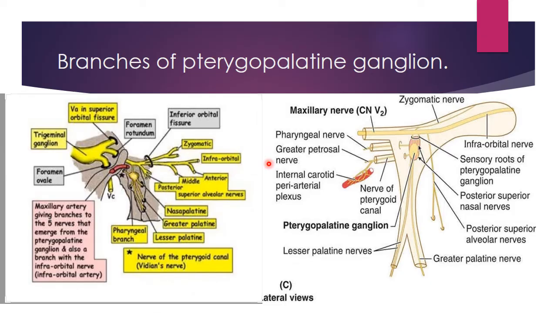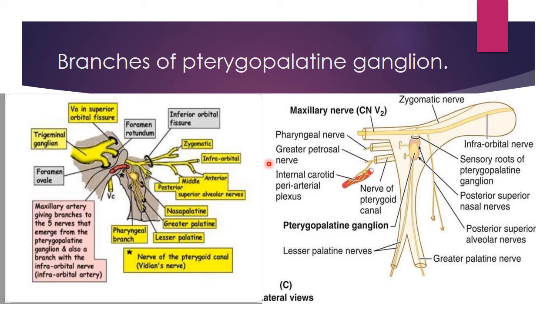Now the branches of the pterygopalatine ganglion are also called indirect branches of the maxillary nerve, and please remember that all the branches through the pterygopalatine ganglion contain three types of fibers: parasympathetic secretomotor fibers, sympathetic vasomotor fibers, and sensory fibers.